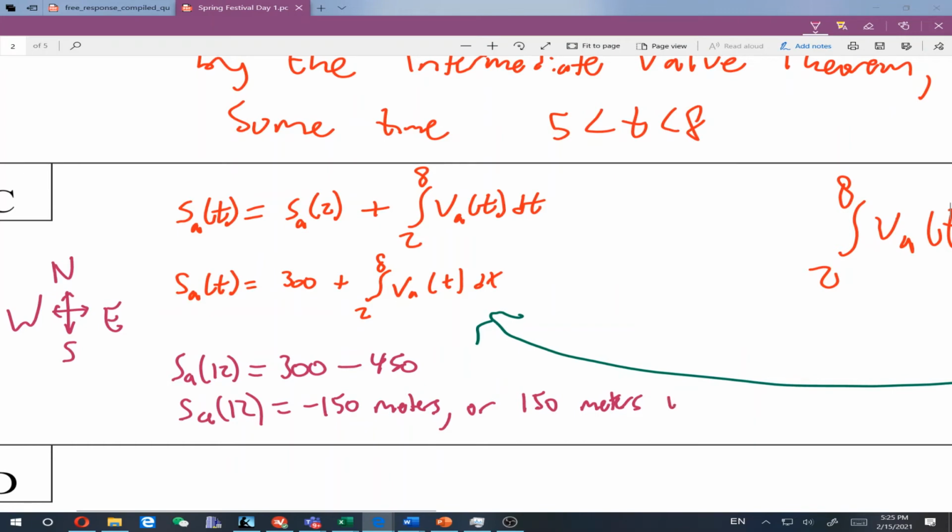West, perfect. West of the origin station.